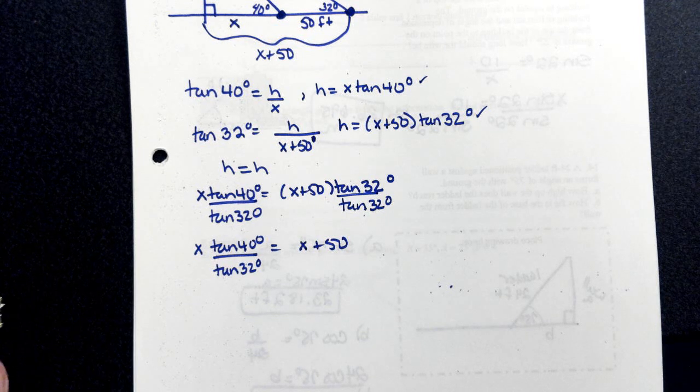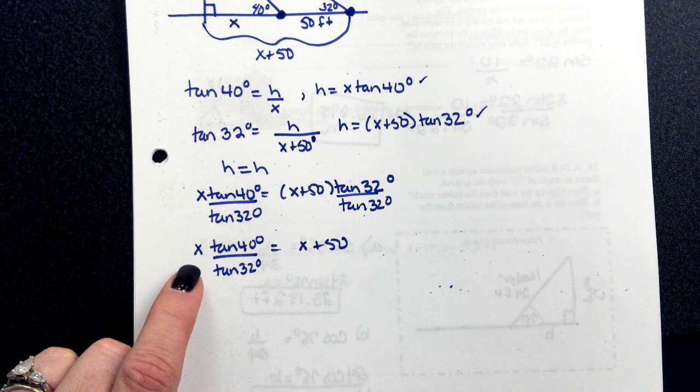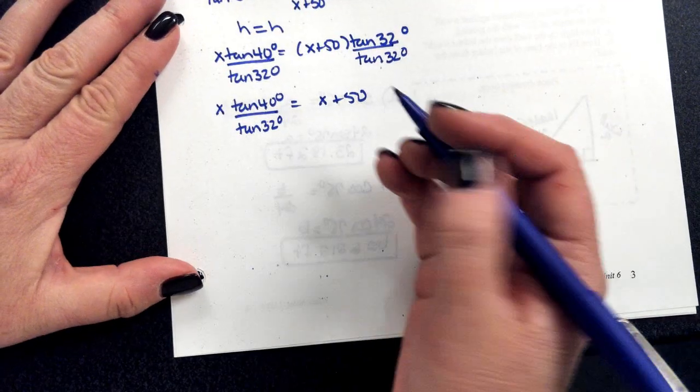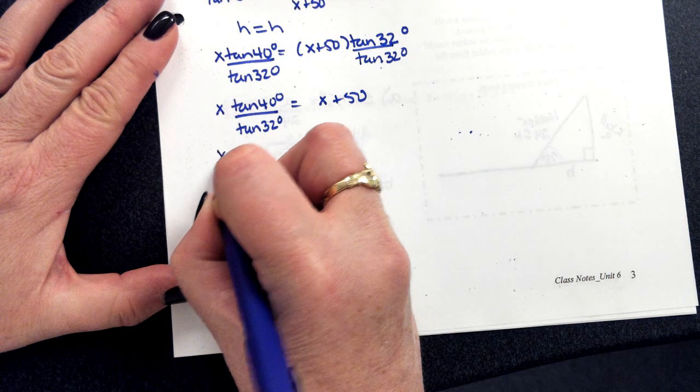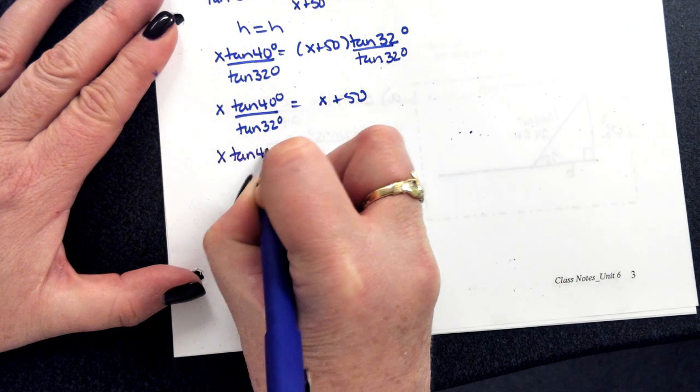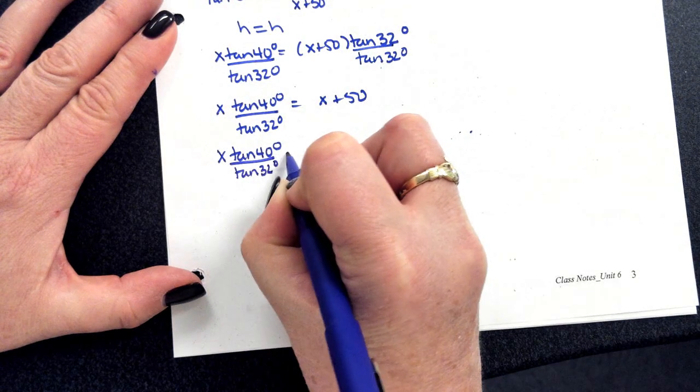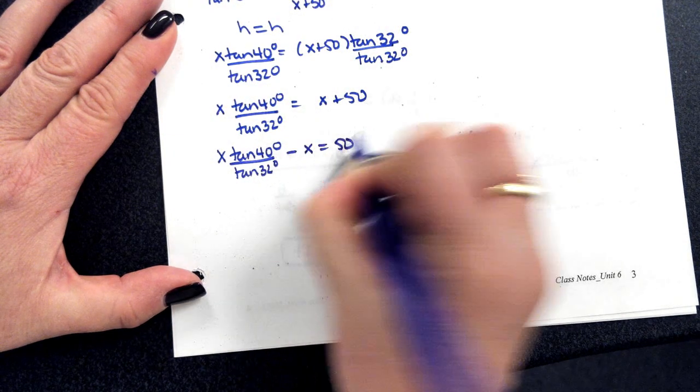Remember, I'm trying to solve for x. Right now I've got an x on the left and an x on the right. So I'm going to subtract x on both sides of the equation. So x times the tangent of 40 degrees over the tangent of 32 degrees minus x is equal to 50.